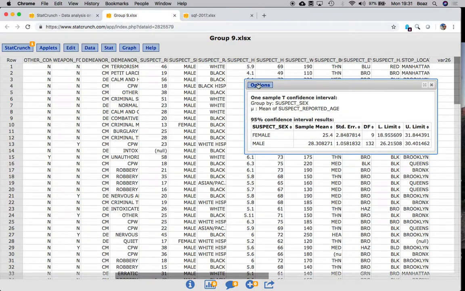So hopefully that helps. Again, the interpretation here would say we're 95% confident that the mean age of all males stopped is between 26.2 and 30.4 years old. And we could check that in this case because we do have a population of all data, but you're working with a sample there.